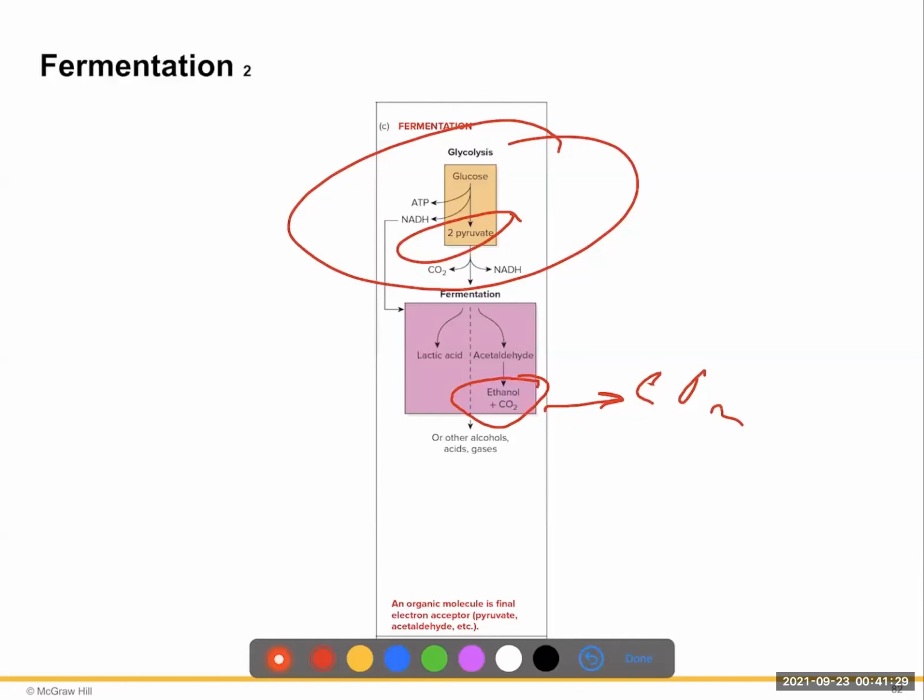In anaerobic respiration, an inorganic ion containing oxygen is usually the acceptor of the final electrons, like SO4 2-, CO3 carbonate, nitrate, something like that. Okay? In fermentation, an organic molecule like pyruvate or acetaldehyde is your final acceptor of electrons from the electron transport chain. Okay, those are the three big differences that you're going to look for on your nursing exams.